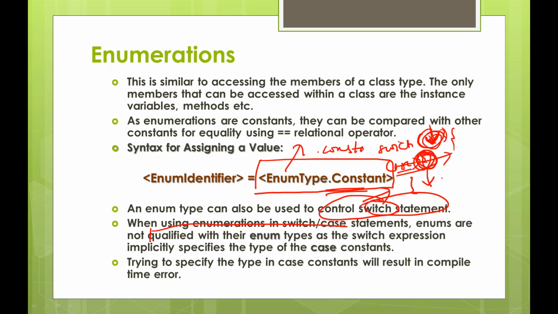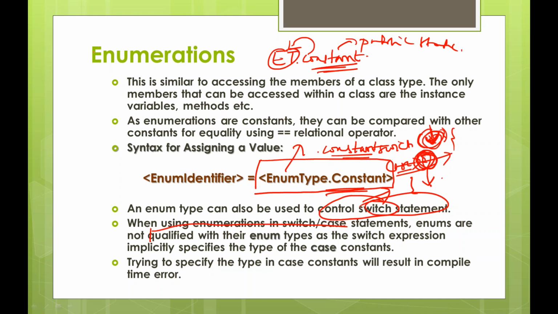Since the constant is of the enum type, we have to access it through enum type dot constant, because it is public and static.